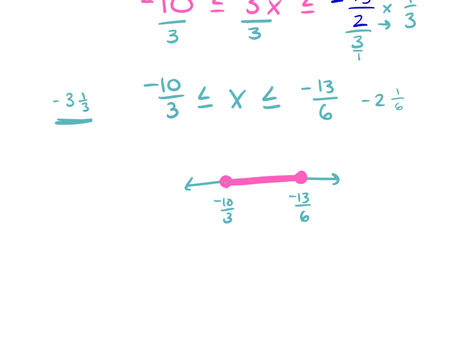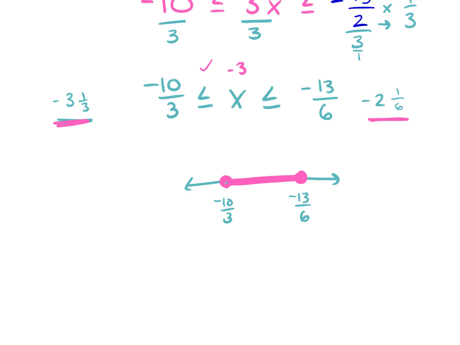You'd want to check for most of them. But this one, we'll just assume that it's in between. But if you want to find a number in between these two, you can. A number in between would be like negative 3. If we look at these two numbers, the mixed numbers, negative 3 and 1/3 is less than negative 3, so that's true.